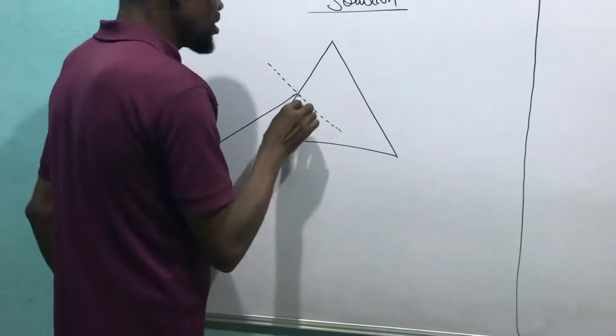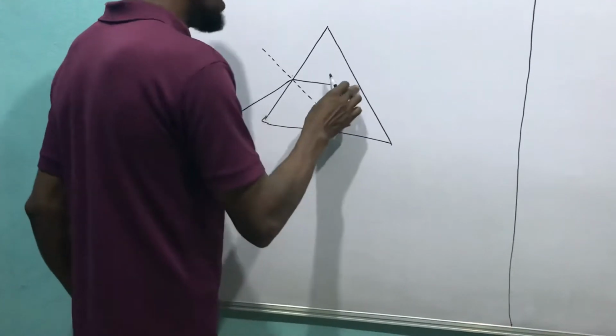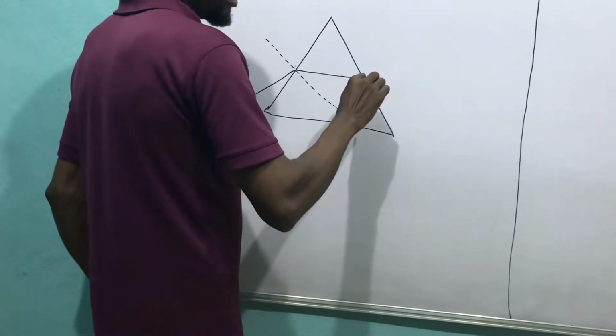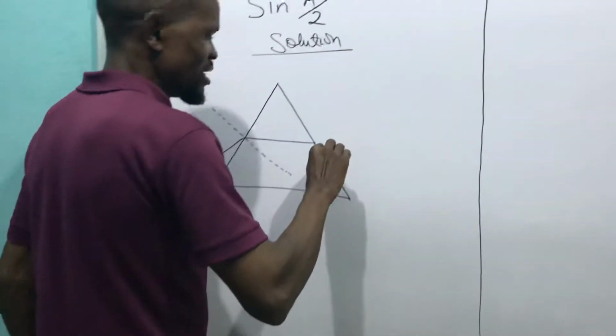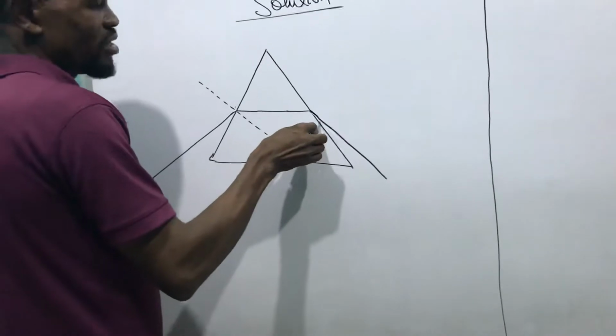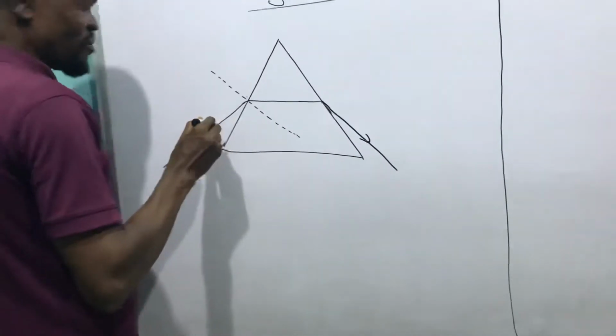And this ray moves symmetrically through the triangle and emerges out from here. This ray emerges out from here. And this is the ray. It emerges out from here.